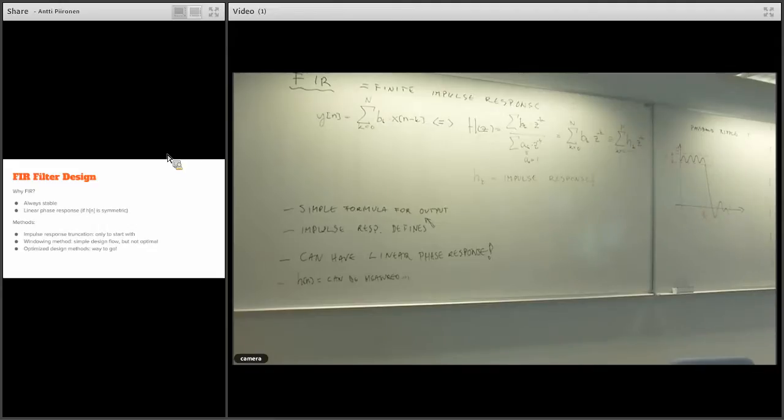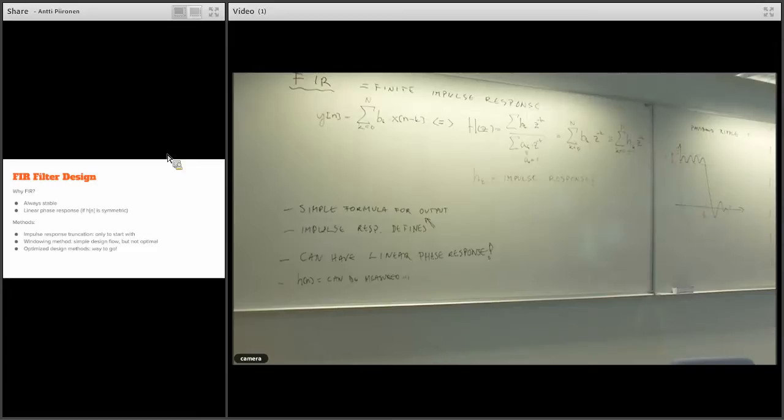Then there are basically three methods. One way is impulse response truncation, which is a nice curiosity.